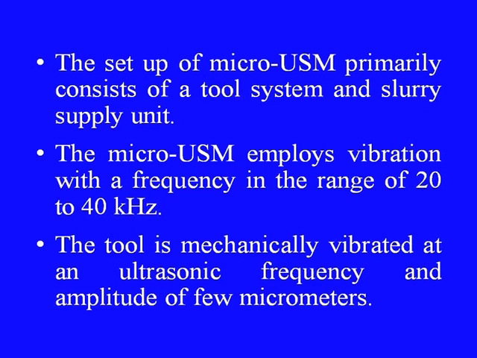So, thereby we can see now the differences between the micro USM as well as macro USM, which is to a very generalized extent it is the micro domain of the basic ultrasonic machining being performed. The setup of micro USM primarily consists of a tool system and a slurry unit. The micro USM employs vibration with a frequency in the range of 20 to 40 kilohertz again.